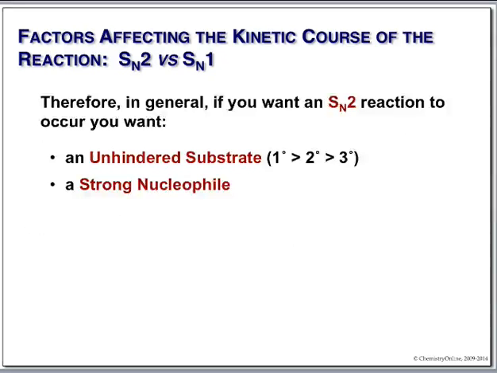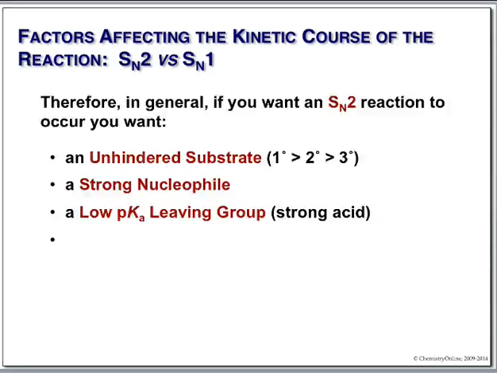All right, if we want Sn2, we want an unhindered substrate, so primary or methyl. We want a good, strong nucleophile. We want a low pKa leaving group, something from a strong acid like toluene sulfonic acid, and nonpolar or DMSO.